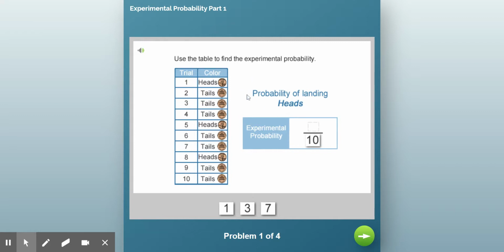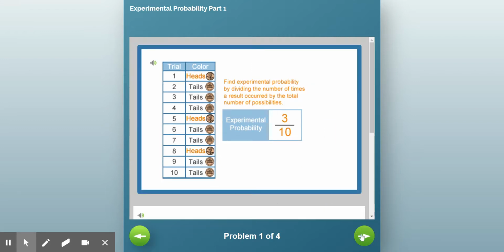So I'm looking for heads, 1, 2, 3. So in this experiment, heads occurred 3 out of 10 times. That is experimental probability.